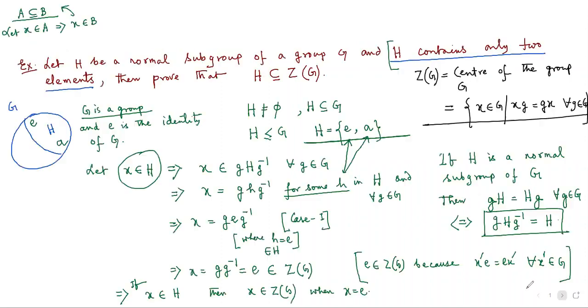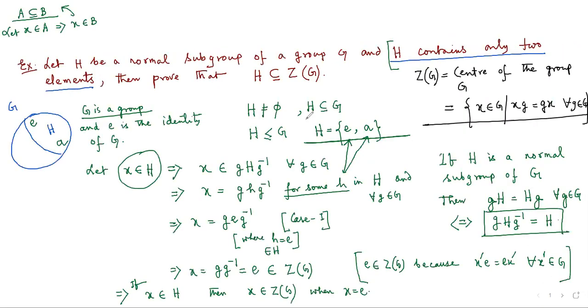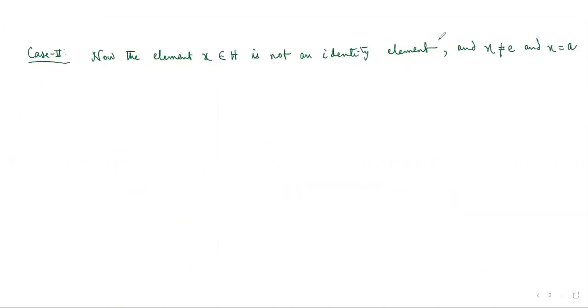Suppose my element X, this implies that X is not equal to e and X equals the element a, because I have written over here that H contains two elements, e and a.